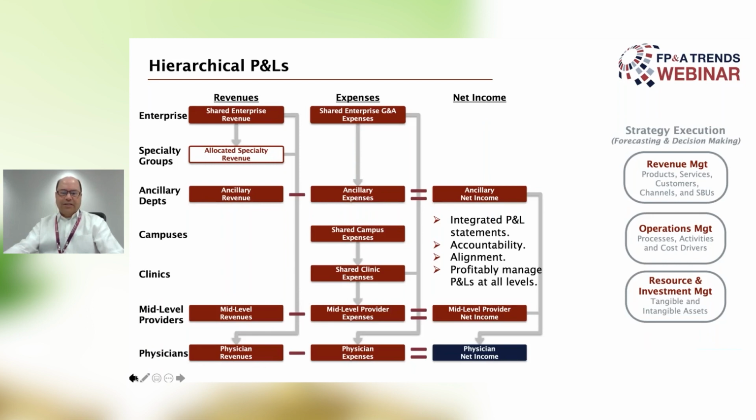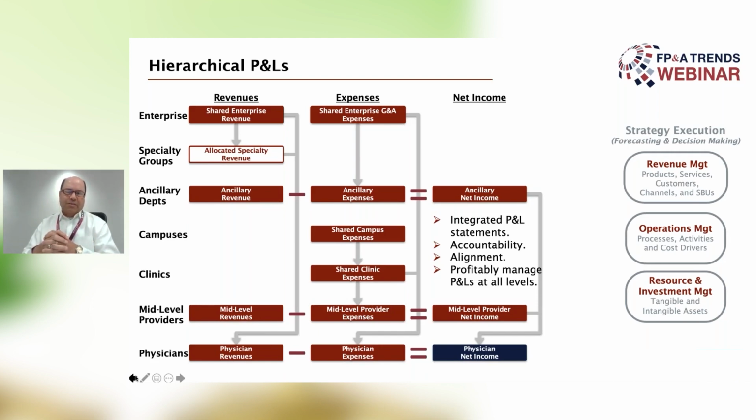On this slide, you can see where we have different levels of our organization, and you can see where we have revenues as well as expenses. Just walking through this, the first three layers, enterprise, specialty groups, and ancillary departments, those are enterprise-wide levels that we look at. And we do have system-level shared revenues as well as provider-level direct revenues.